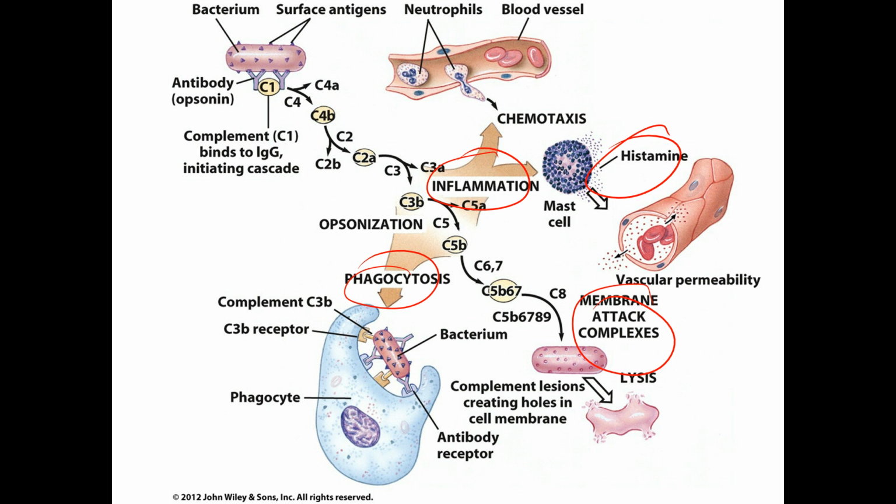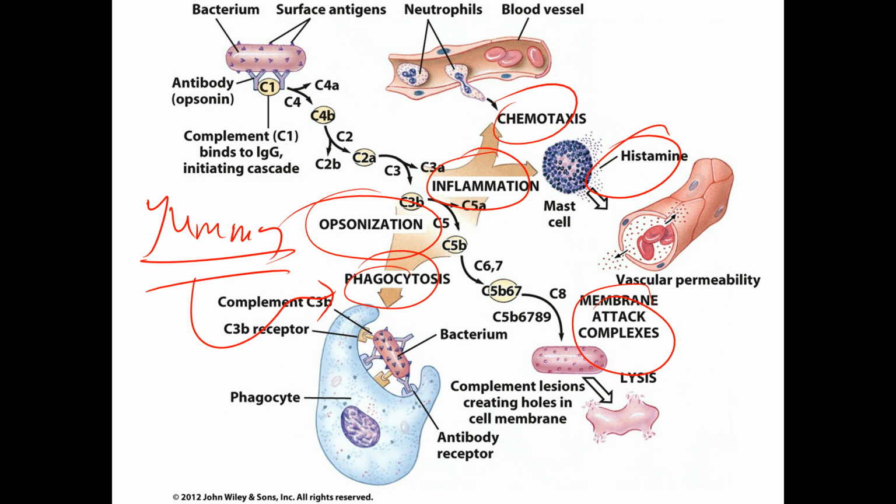So complement is involved in many things: inflammation, membrane attack complexes, phagocytosis, chemotaxis, as well as opsonization. Complement factors coat the surface of your microbial cells, making them more recognizable and seen, and, for lack of better terminology, more yummy to your phagocytic cells.